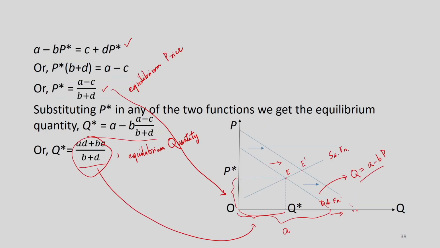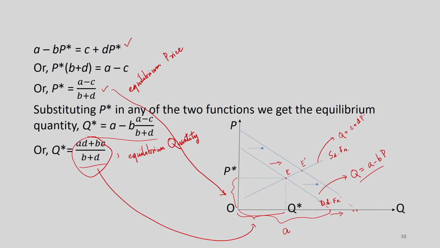So, this is very clear. The supply function or the supply graph has this equation, Q is equal to C plus d P. Neither C nor D has changed, so the supply function remains the same, the supply graph remains the same.